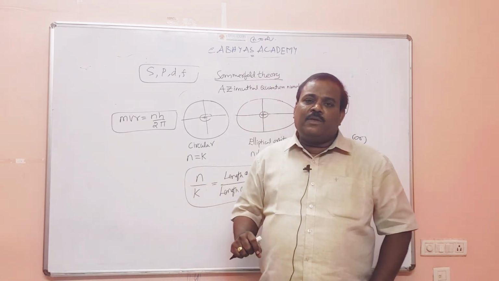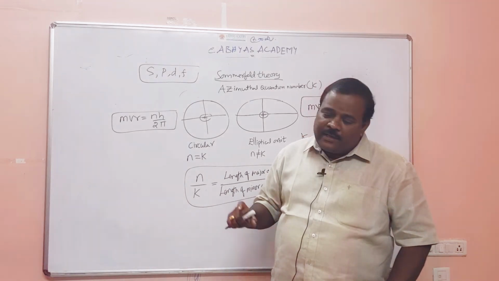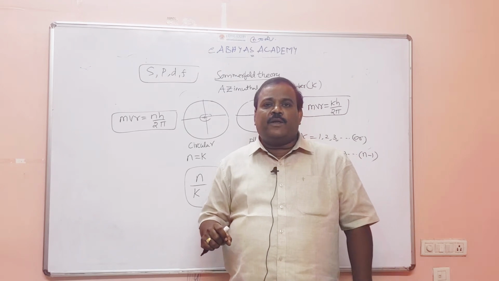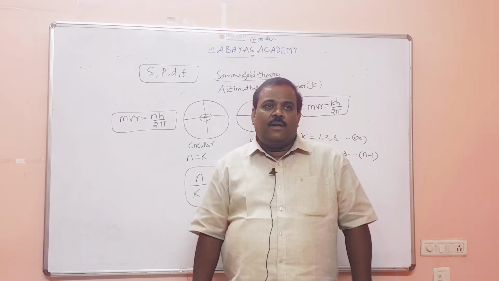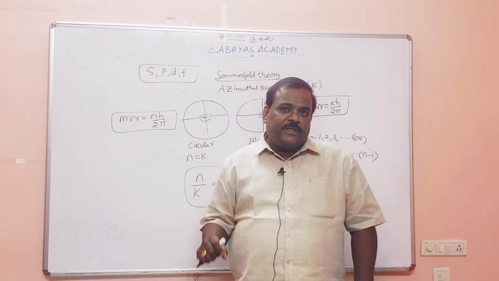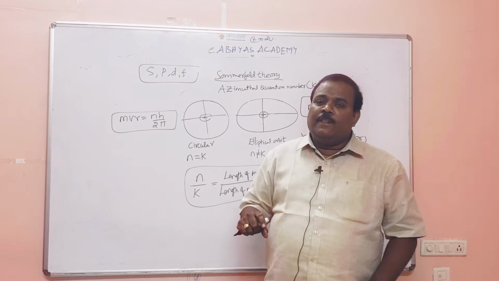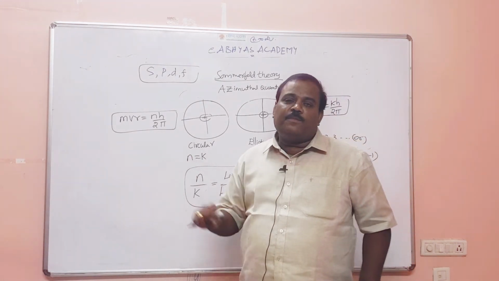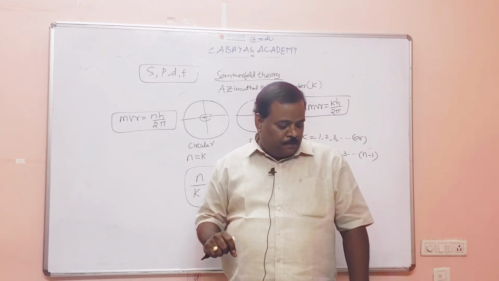Azimuthal quantum number was proposed by Sommerfeld. And the advantages: principal quantum number introduces orbit, stationary orbit, whereas azimuthal quantum number proposes subshells which are present in the orbit or shell. These are some of the important points in Sommerfeld's atomic model.